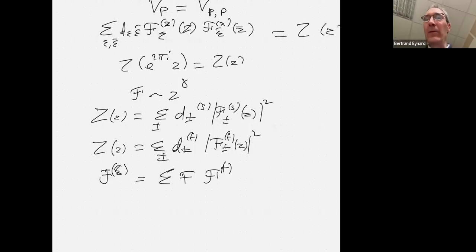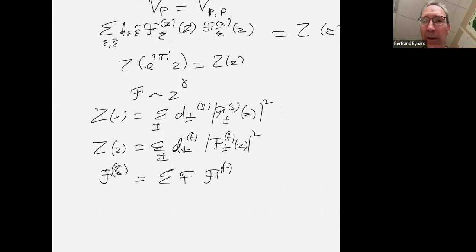And if you plug this change of basis into our expressions for Z in the two channels, it means that the coefficients d plus minus S have to be related to the coefficients d plus minus T. And in fact, the relation is the following.